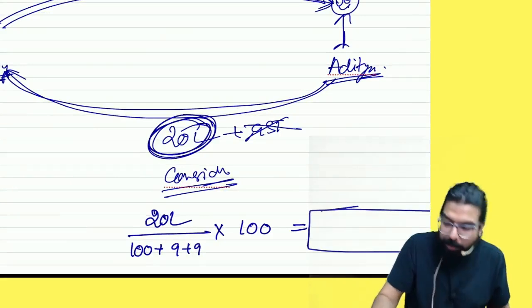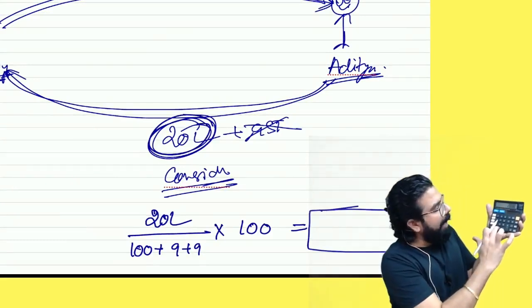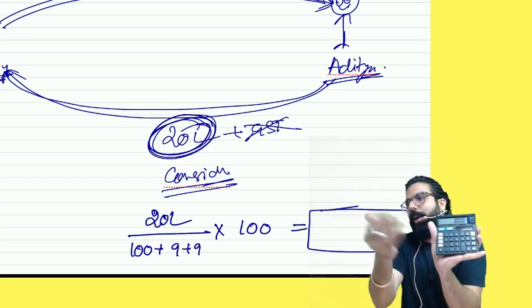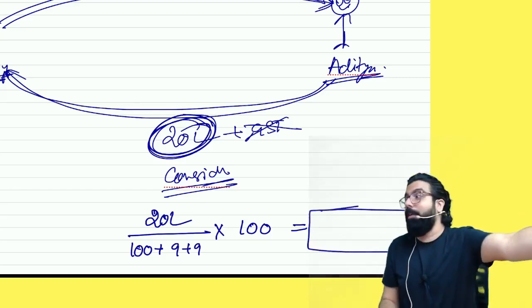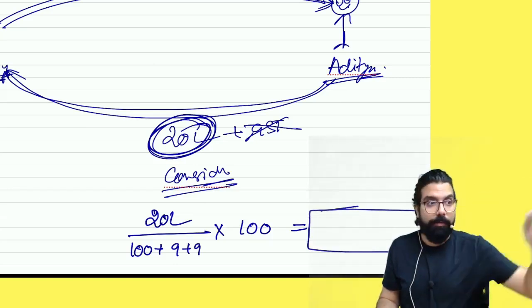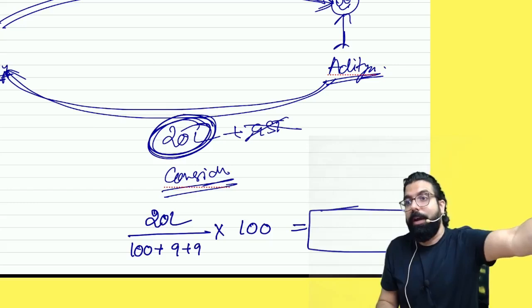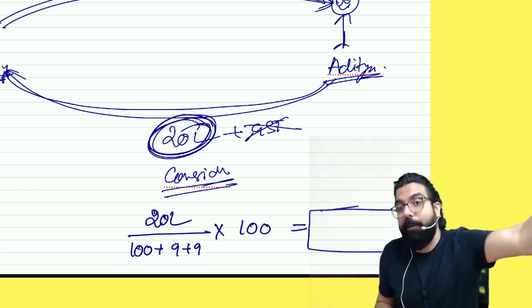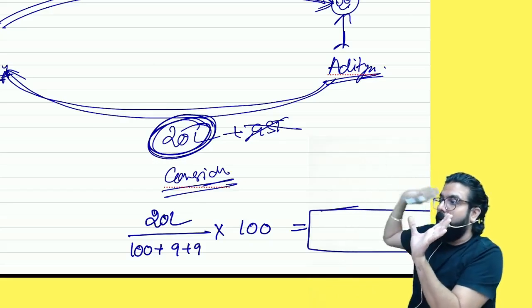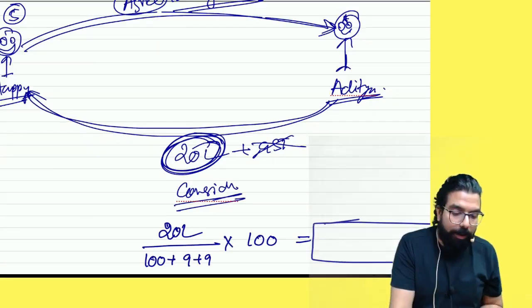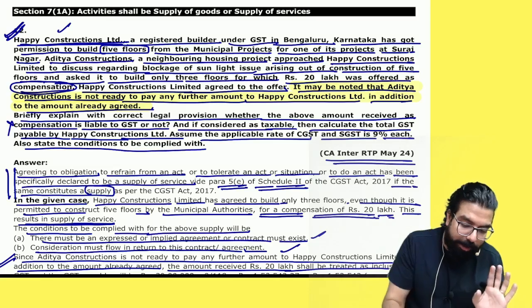Then on 20 lakh, what will you charge? 20 lakh into 9%, 1 lakh 80, and 20 lakh into 9%, 1 lakh 80. You will always collect from the Bakra, but Aditya is telling I will not pay. If he will not pay, then out of the amount you received, you have to pay GST.